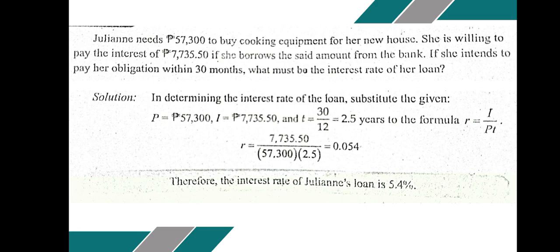And therefore, the interest rate of Julian's loan is 0.054, or transforming it into a percentage form, 5.4%. So, yan yung ating sagot for this problem. Okay. So, let's proceed.